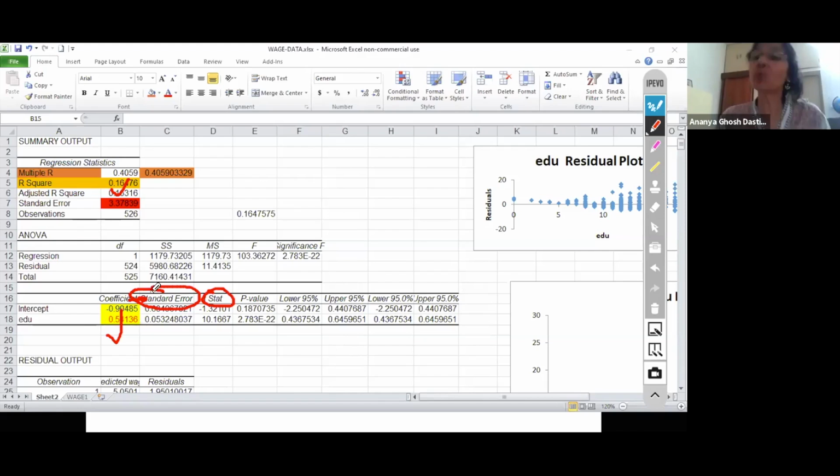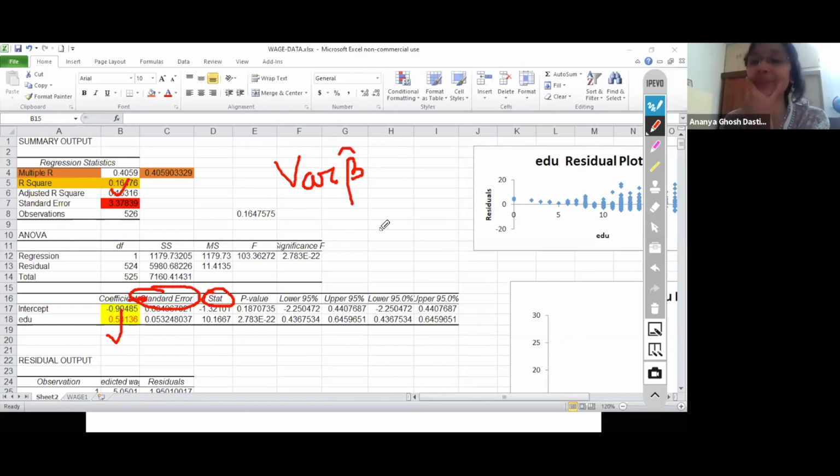Number two. Remember where we started out from? We started out from the fact that the variance of alpha hat and the variance of beta hat are functions of sigma square. The minute you have sigma hat square, you have an estimate of the variance of alpha hat and the variance of beta hat.